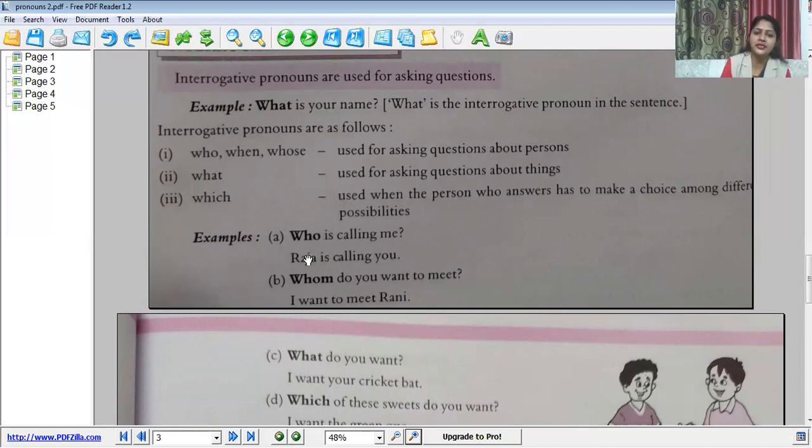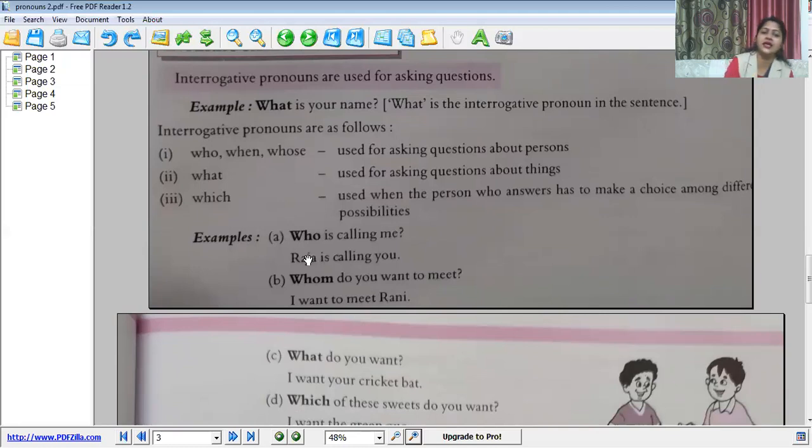Okay. Interrogative pronouns are as follows. Who and whom, and whose, are used for asking questions about persons. What is used for asking questions about things. Which is used when the person who answers has to make a choice among different possibilities.